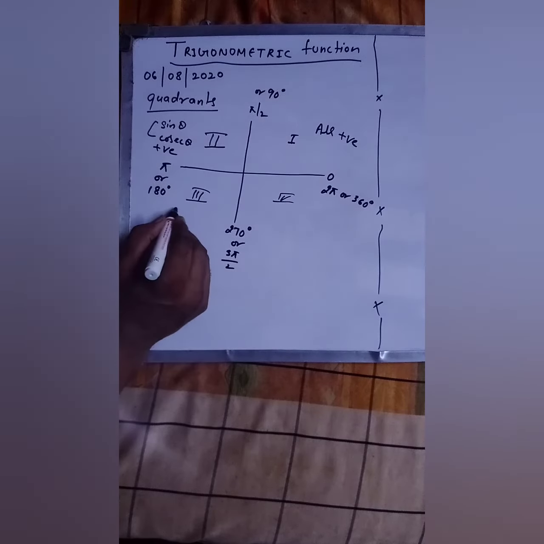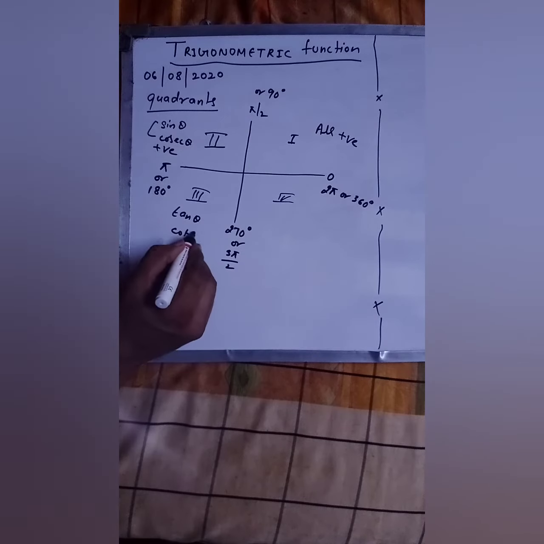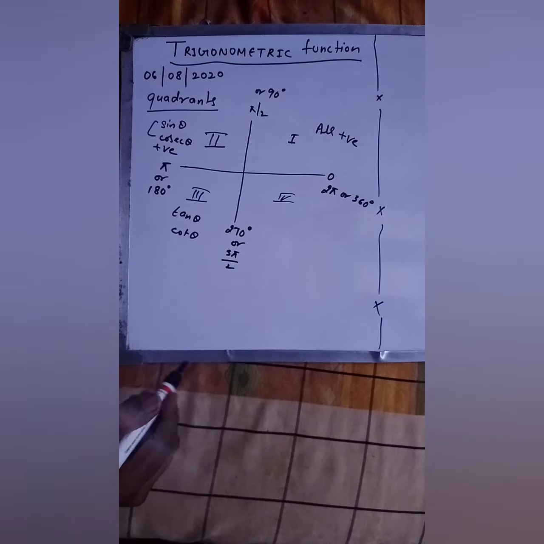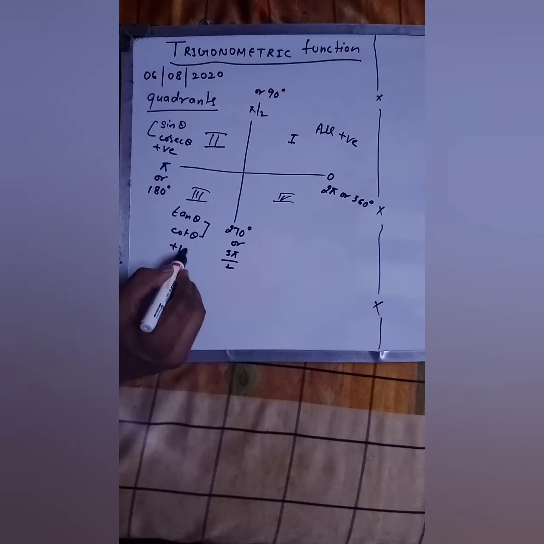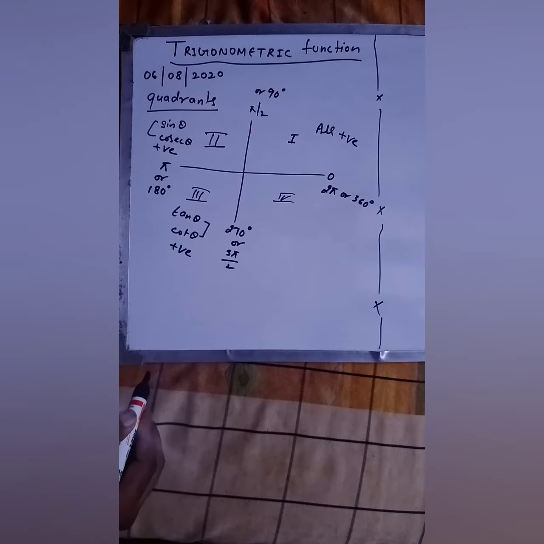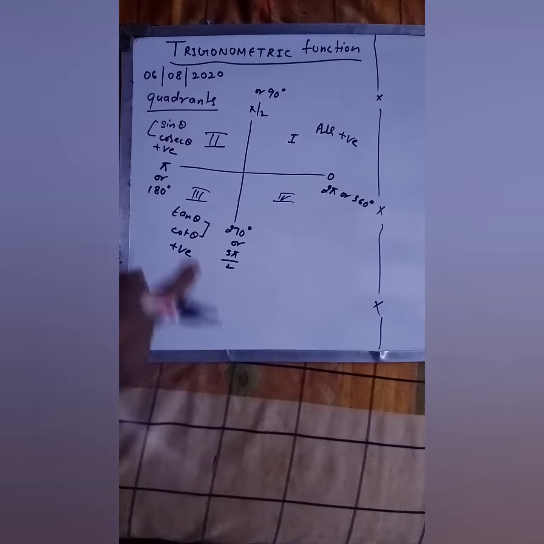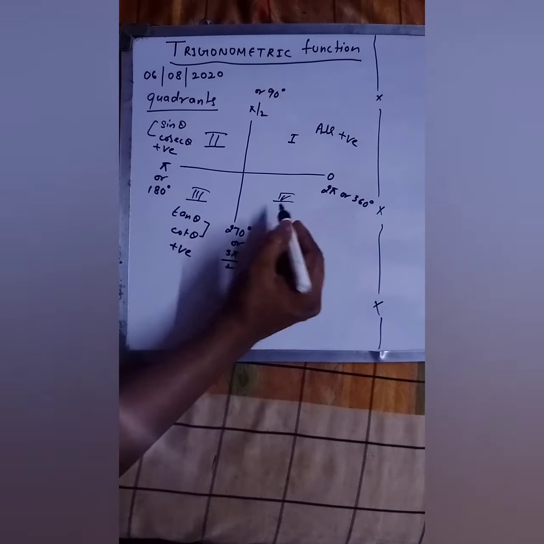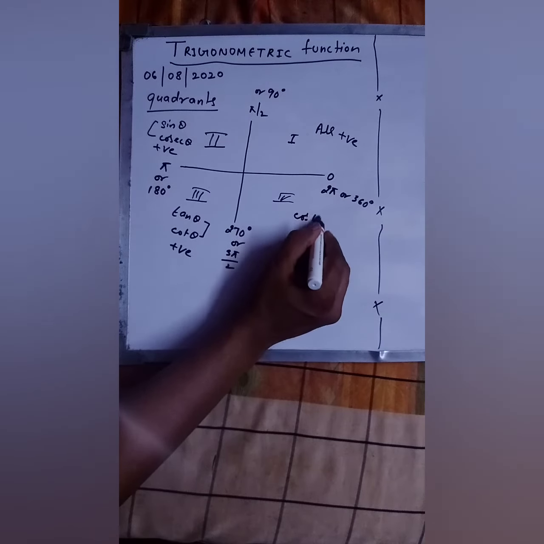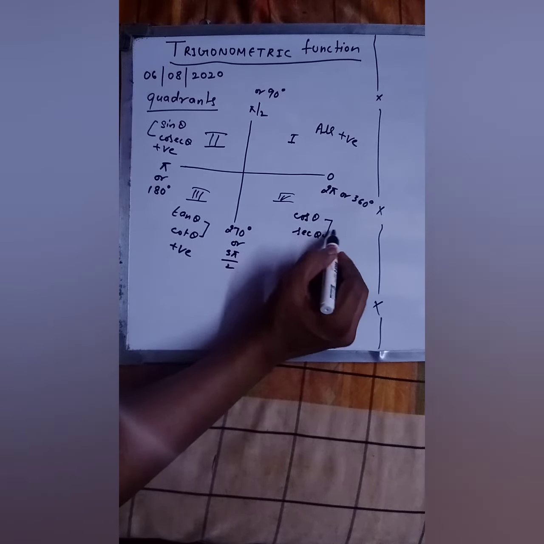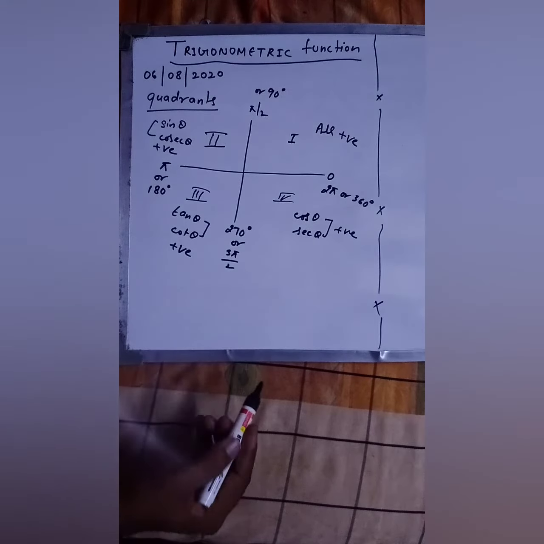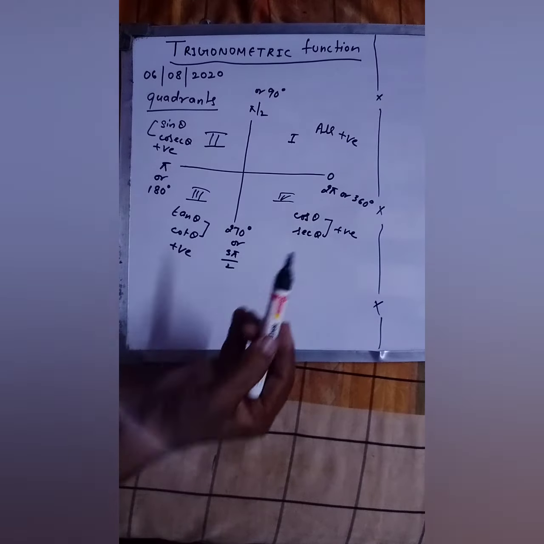Similarly, in third quadrant, tan theta and cot theta, both are positive. Okay, and the rest of the other 4 trigonometric functions will be negative. In fourth, cos theta and sec theta will be positive, and the rest of the other functions will be negative.